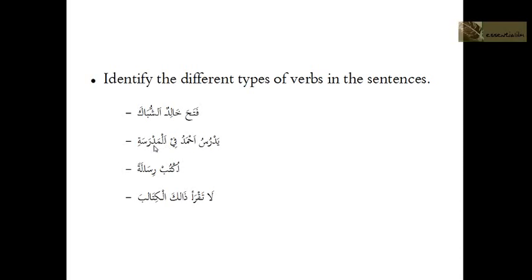Alright, and notice the kasra, right, because fi is one of the things that changes the state of the next word. Yadrusu Ahmadu fil madrasati. And what kind of verb is it? It is a fi'l mudari'. Okay, it is a present tense verb. And notice the ya. We said one of the ways to tell a fi'l mudari' is that it has alif, noon, ya, or ta in front of the base letters.